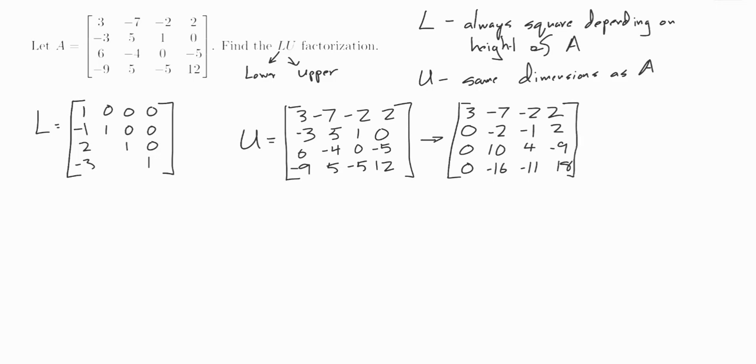And now we're going to move on to the second column. Now notice here, over in L, we already have a 0 in the top value. We have a pivot in the second value, which means that we are only going to focus here on these 3 values.